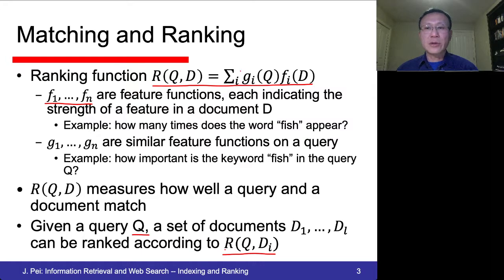Therefore, the corresponding component gi fi will be large. And if the document and the query match well, that means they are sharing a few features where they have strong signals in both the document and the query. Then the corresponding ranking function will have a high value.